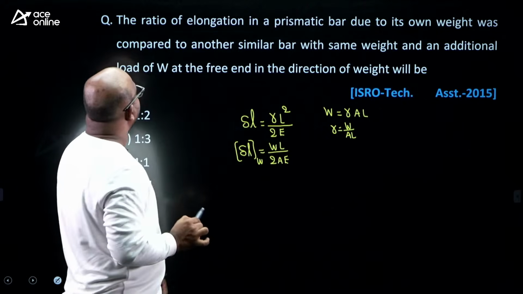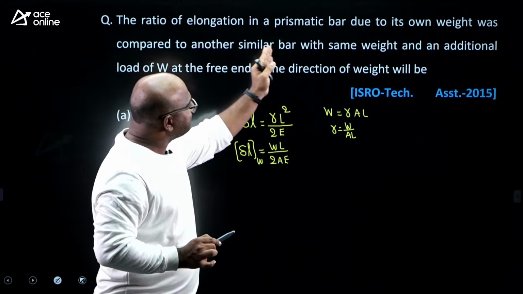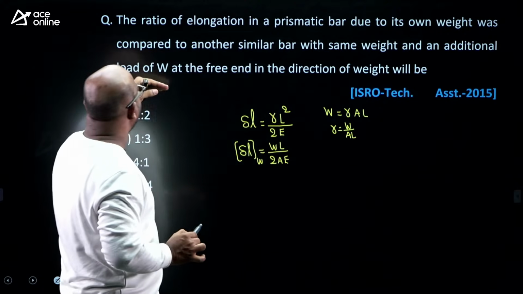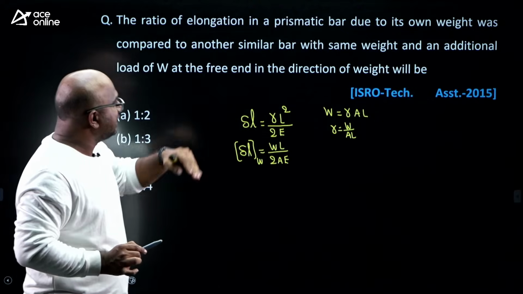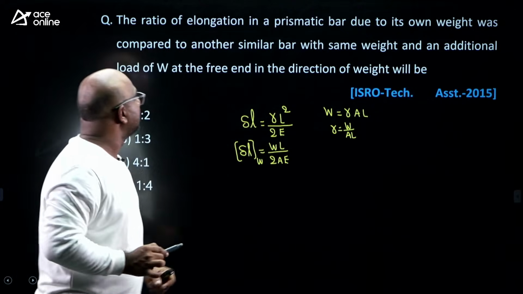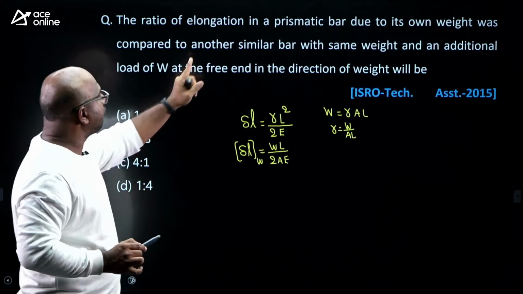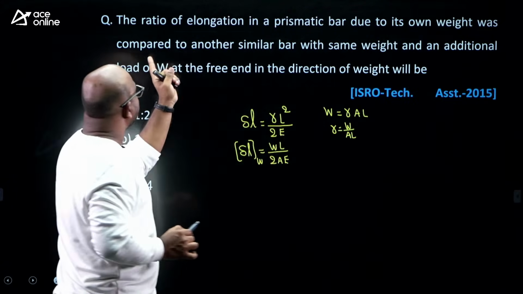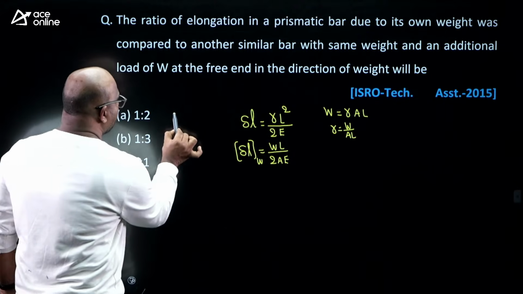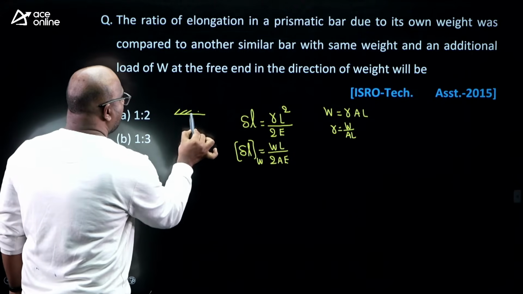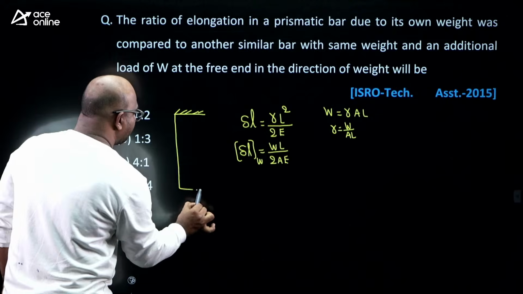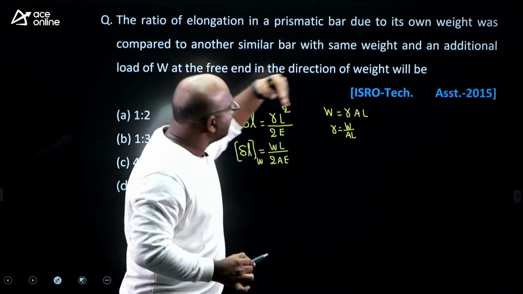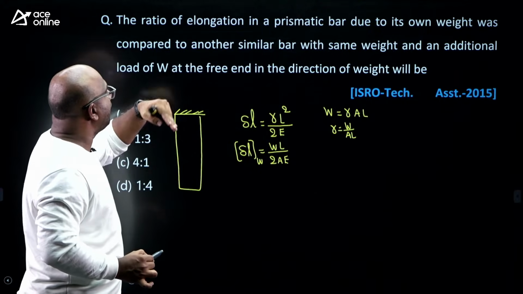Now compare another similar bar with the same weight and an additional load of W at the free end in the direction of weight. The question is asking the ratio of elongation of the prismatic bar due to its own weight compared to another similar bar, which also has the same weight and an additional load of W at the free end.